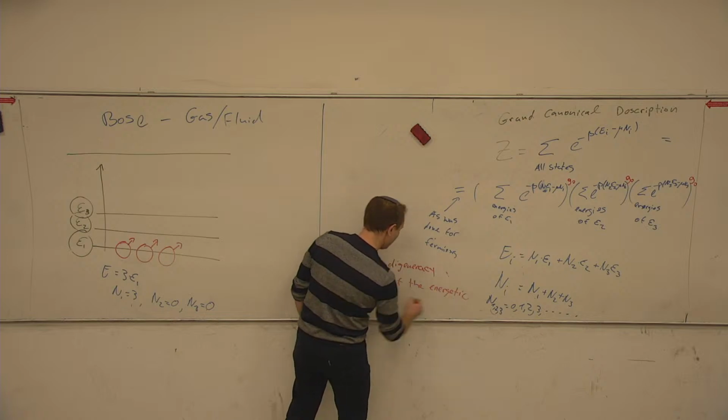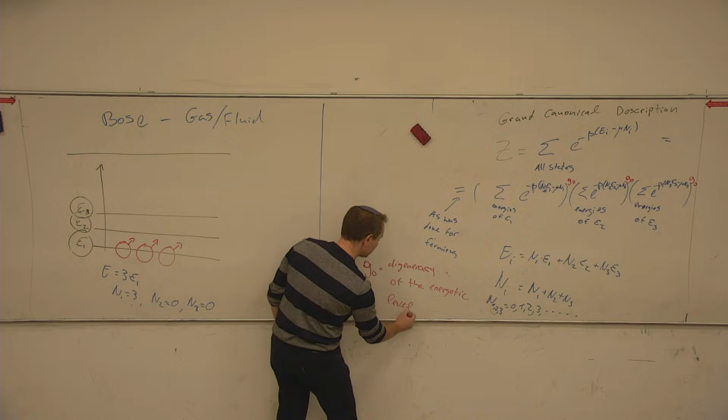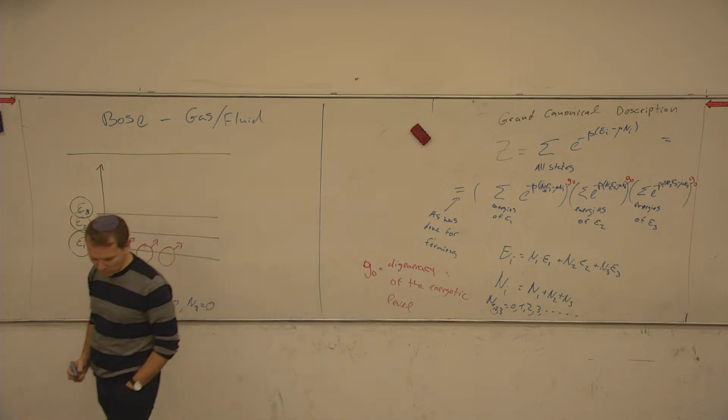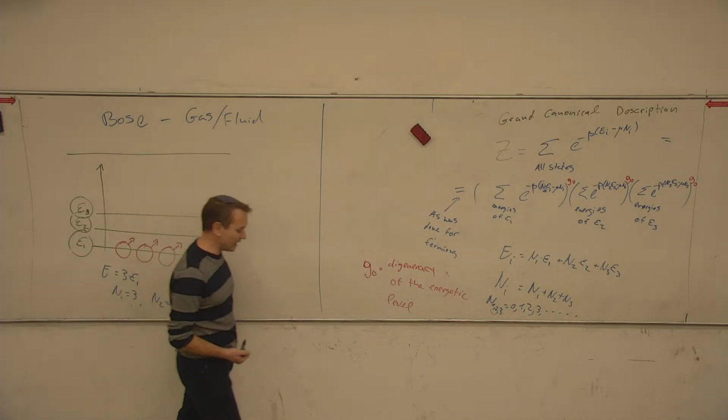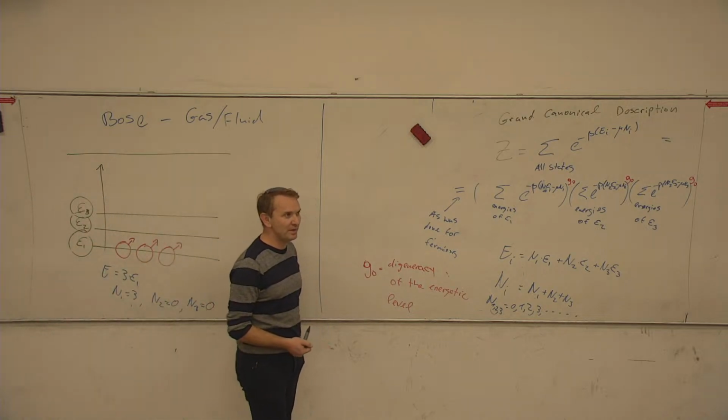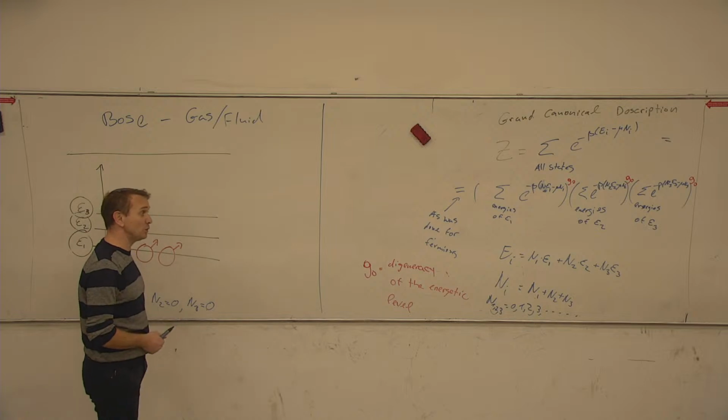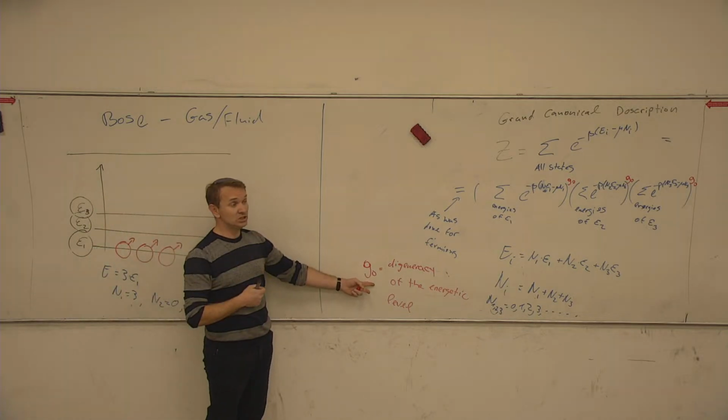So you're right, I don't know what the degeneracy is. Maybe my bosons only have spin 0, or maybe they can have spin 0 and 1, or maybe spin 0, 1 and minus 1. In general, this is g0.